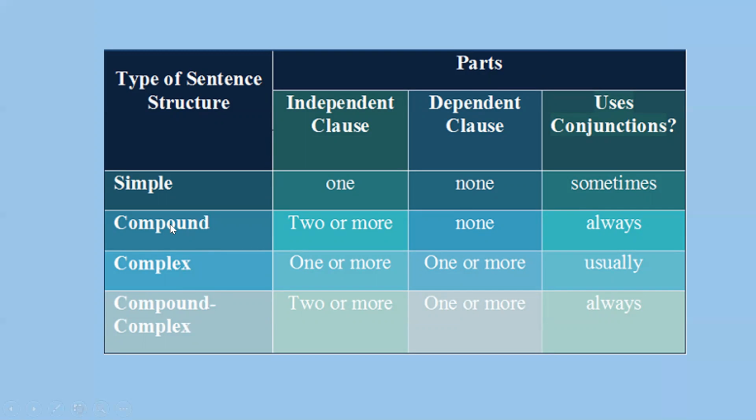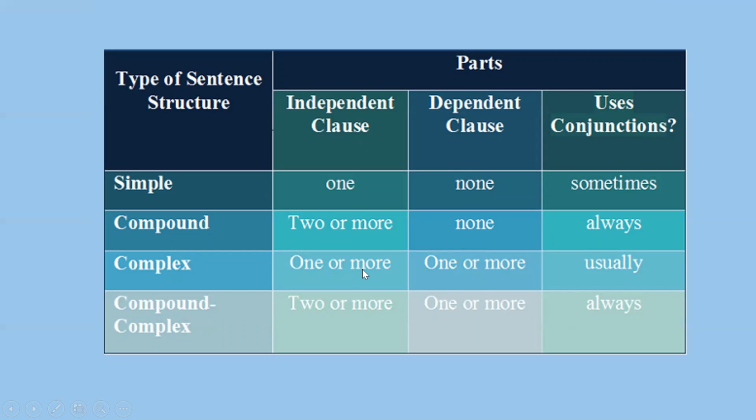Then compound. Two or more independent clauses we are using, and we are using conjunctions to join the two independent clauses. In a complex sentence, one independent clause and then one or more dependent clauses.